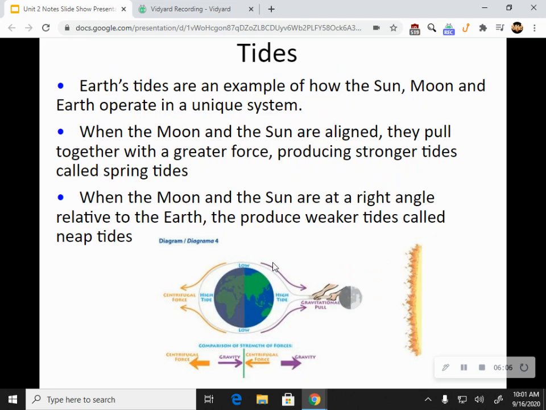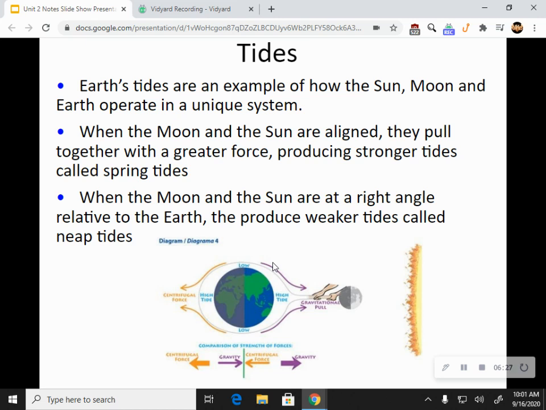The Earth's tides are an example of how the sun, moon, and Earth work as a system. When the moon and the sun are aligned, they pull together, and they produce stronger spring tides. When they are at right angles, at your quarter moons, you have weaker tides called neap tides.